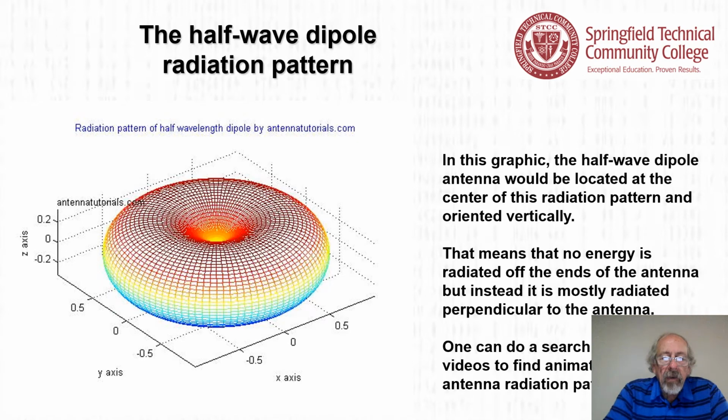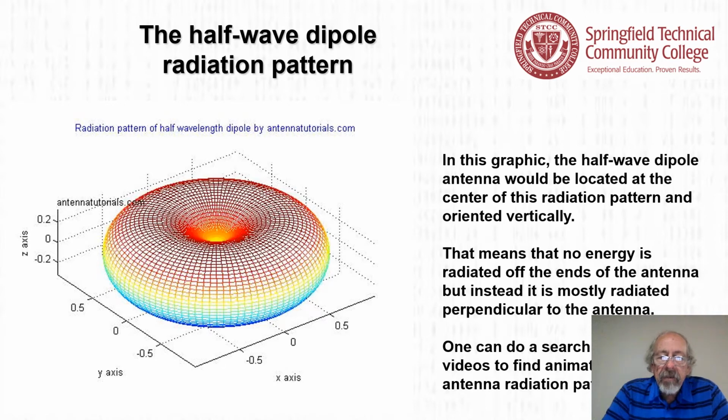So here's this nice colorized version, the radiation pattern of a half wavelength dipole by antennatutorials.com. And if you go to that website, you will probably find more antennas and their radiation patterns. So in this graphic, the half-wave dipole antenna would be located at the center of this radiation pattern, and it'd be oriented vertically.